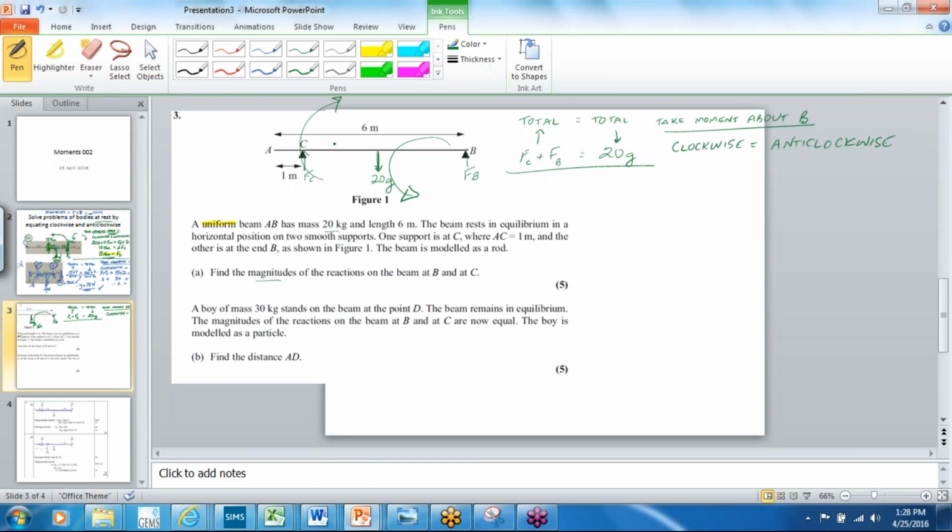The clockwise moment is the force of C times the distance from here to here. So if that's 1, this must be 5 meters.